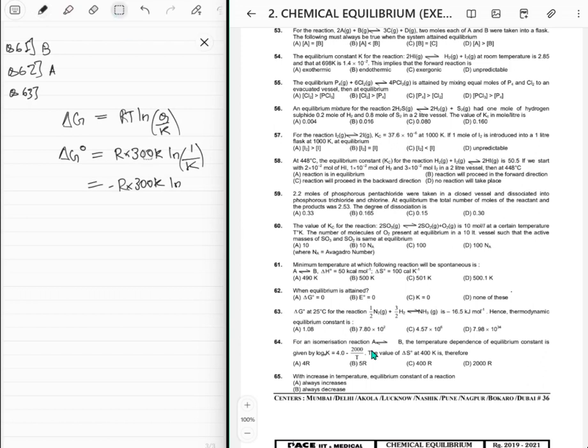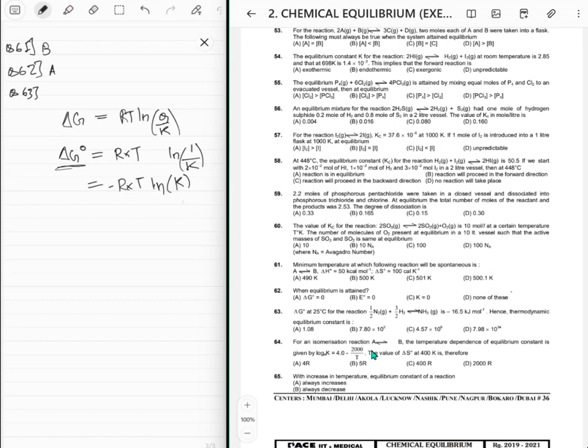Oh wait, standard, that is dependent on temperature, right? It's still dependent on temperature. When they say standard, they mean standard pressure, standard concentrations. They don't mean standard temperature. So this will be negative RT natural log K upon 1, and this 1 has units. If you assume the equilibrium constant has units, then yes, it has units.